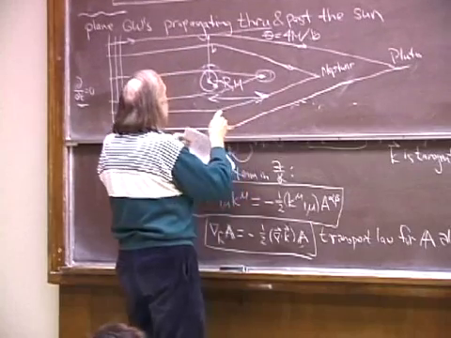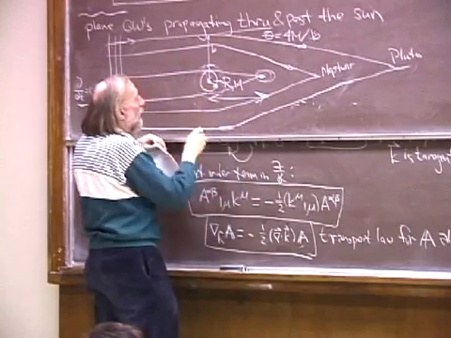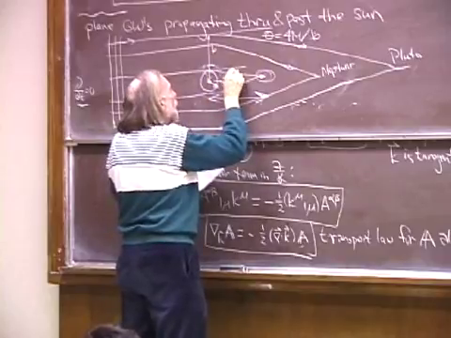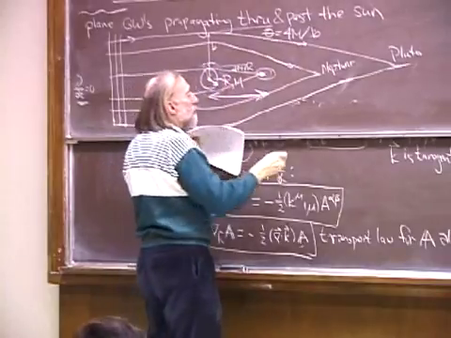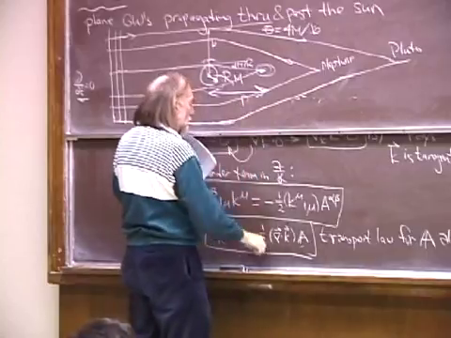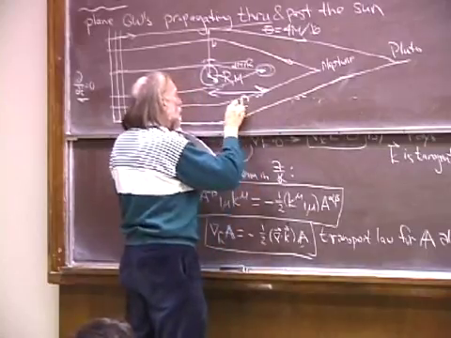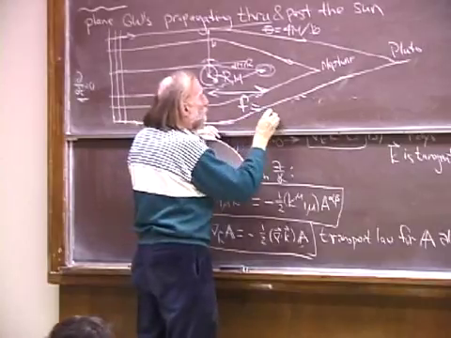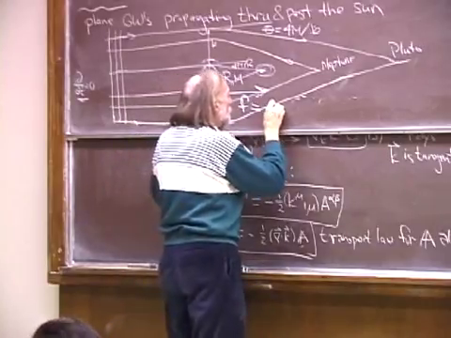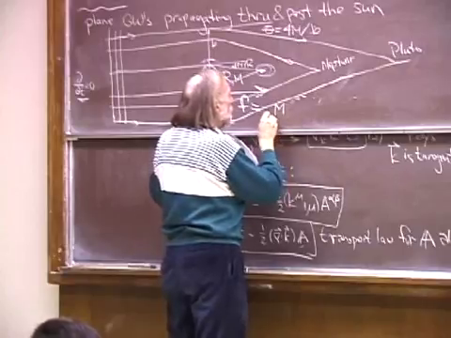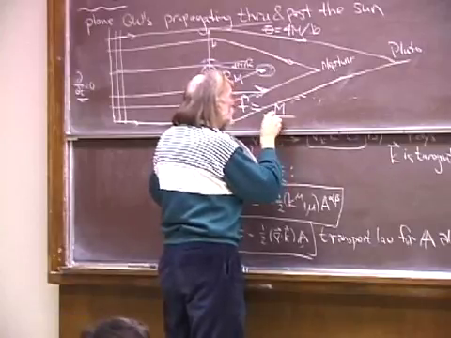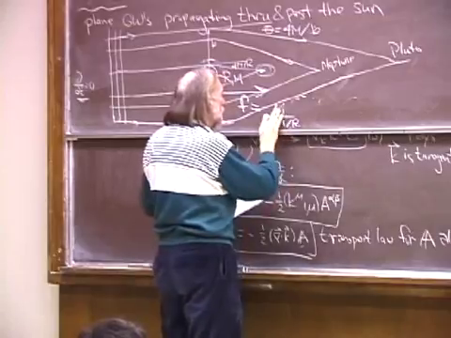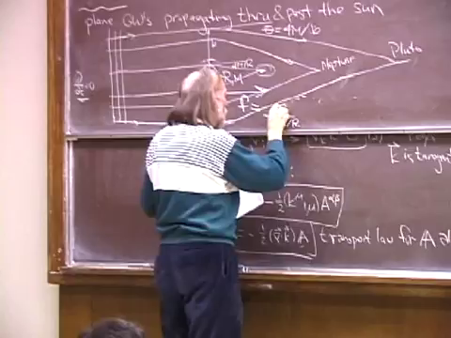Well, given the fact that this impact parameter is r, and this angle of deflection is 4m over r, you can easily see that this focal length f is just equal to r divided by 4m over r.